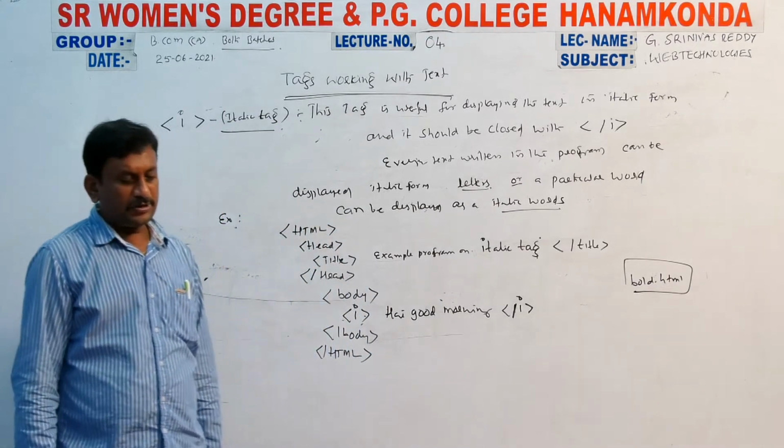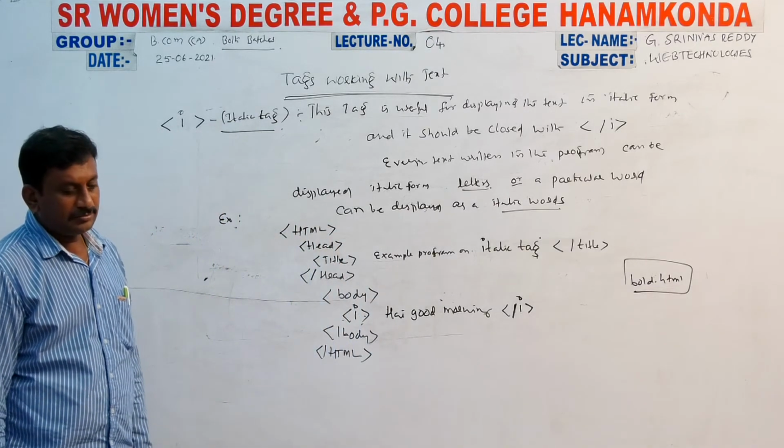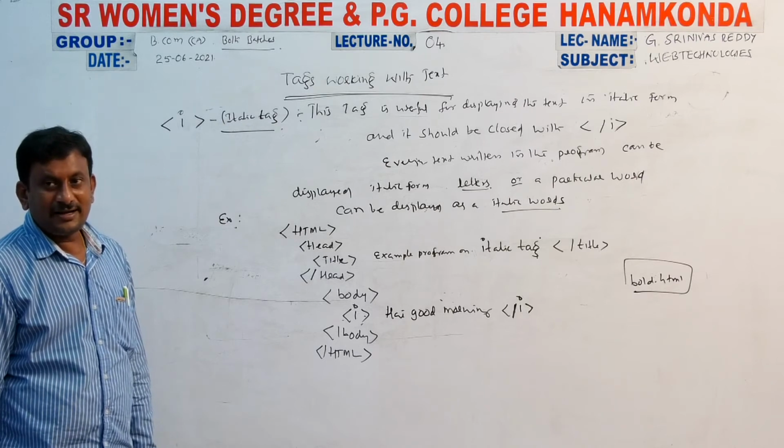Next, you can write one more tag called the U tag. U tag means underline tag.